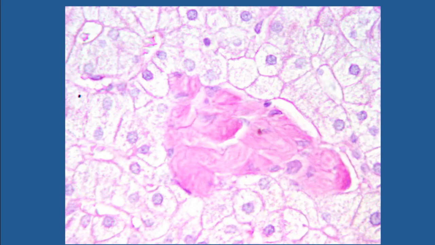The PAS diastase will also show you the material that is stored in Gaucher's disease. We do not get a whole lot of biopsies, so this is a very ancient slide. But again, it's a place where the PAS diastase stain has some value.